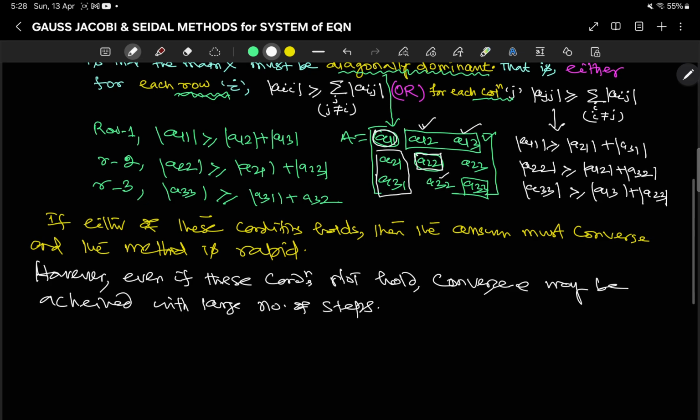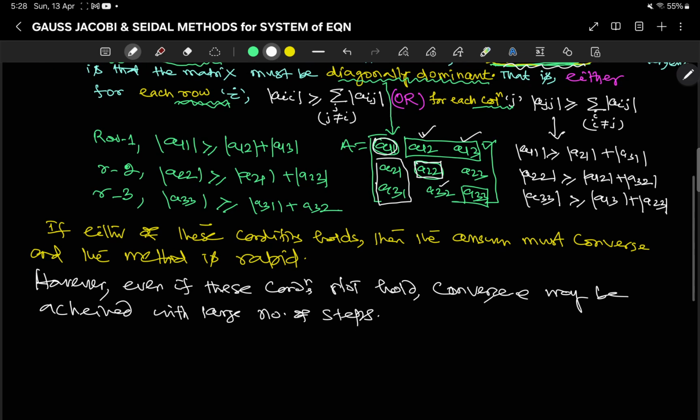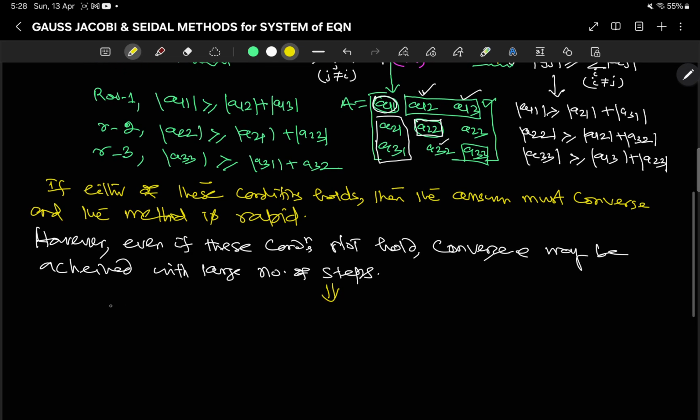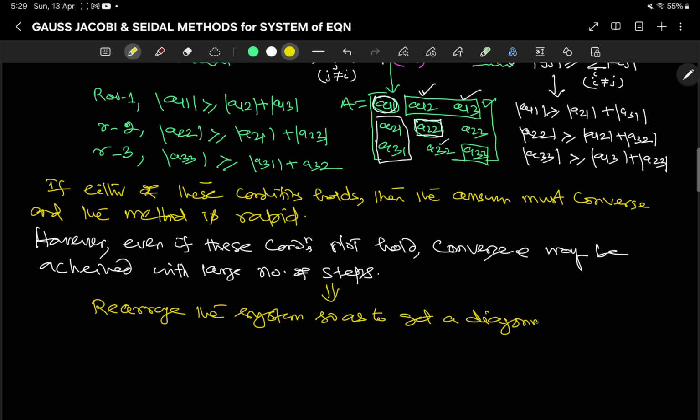So what should we do? We should first rearrange the system so as to get a diagonally dominant system, if it is possible.